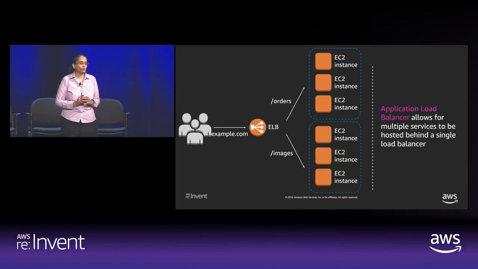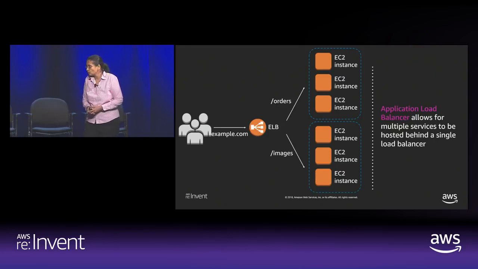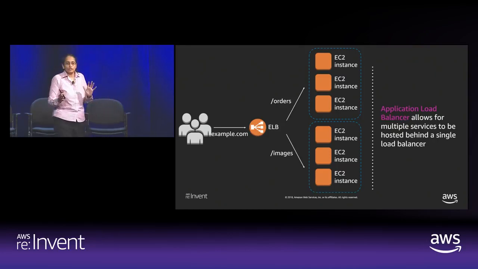You're managing one load balancer instead of two. It's also cost effective. You're paying for one load balancer instead of two. It decreases your hourly cost, but the bandwidth remains the same because you're sending the same traffic through. The same thing you can do for host names, so both path and host are supported.